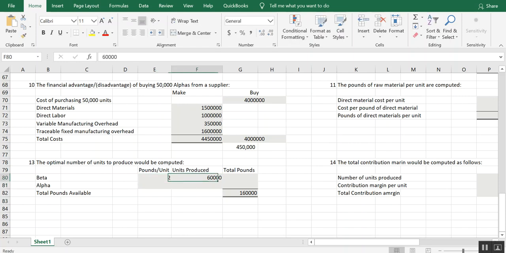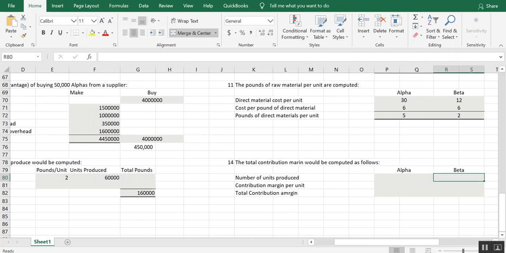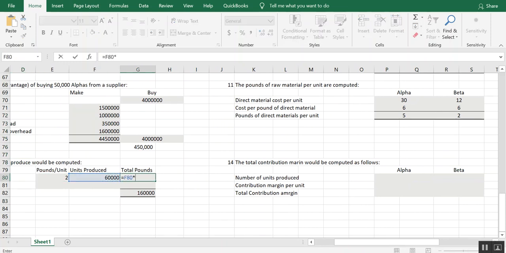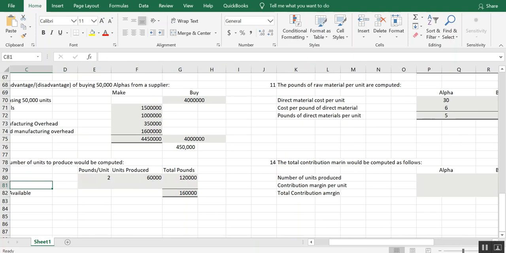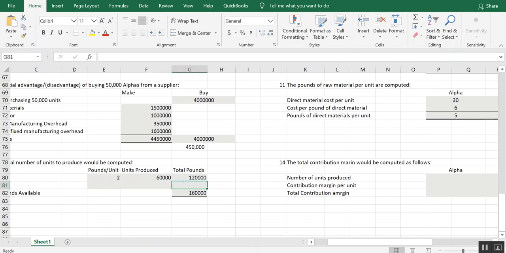Now we know we need 2 pounds of material per beta unit based on this calculation here. So what we wind up with then is we are using 120,000 pounds of raw material on the beta products. The difference, 40,000 pounds, is what we use for the alpha products. Now we know that for alpha, we're going to use 5 pounds per unit.